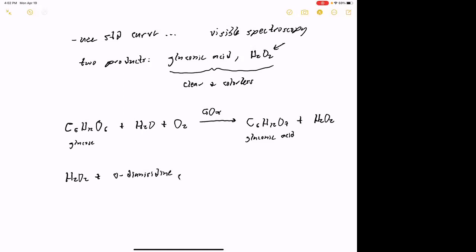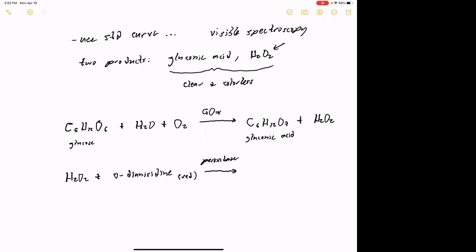And it's in the reduced form, so I'm going to put a little RED there. So it's not the color red. That tells me it's actually in its reduced form. And then we're going to have a second enzyme in there called peroxidase. That's actually going to facilitate the reaction between the H2O2 and the o-dianisidine.